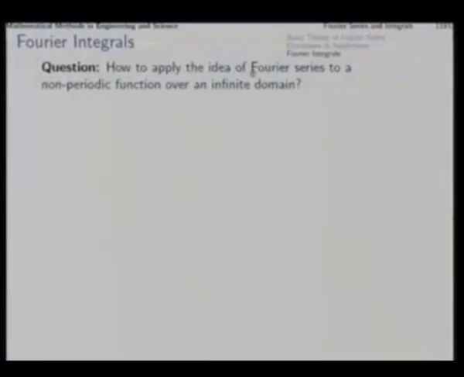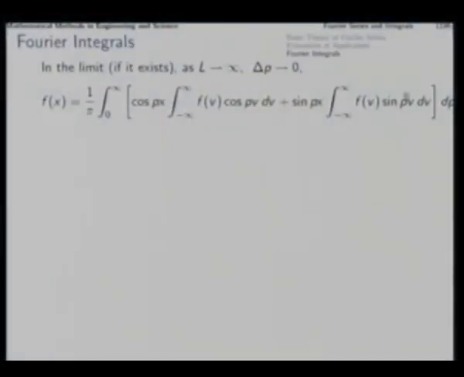For that, we asked this question: how to apply the idea of Fourier series to a non-periodic function over an infinite domain. So, for that we constructed the Fourier series over a finite interval of length 2l, and then we let the variable L increase and tend to infinity, and as a result we arrived at this representation of the function, which is the Fourier integral.